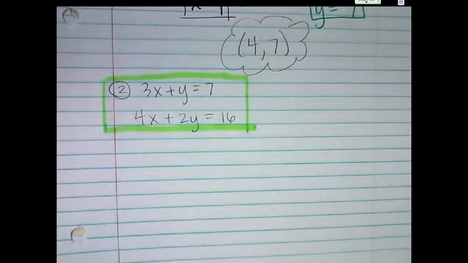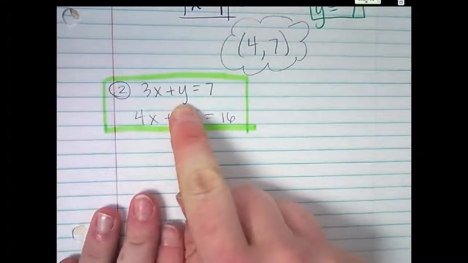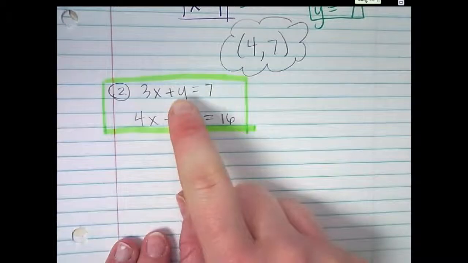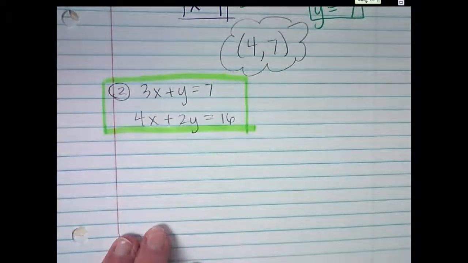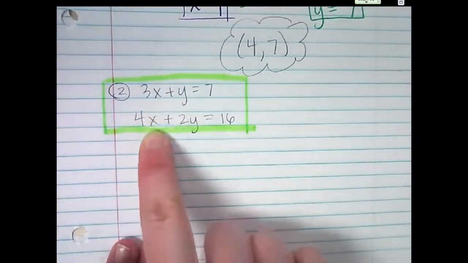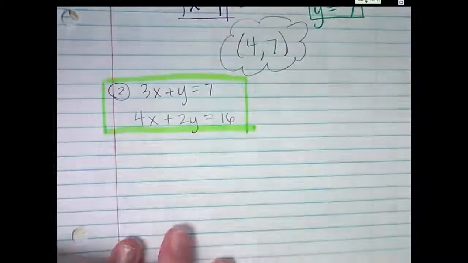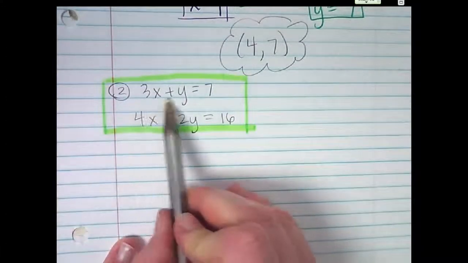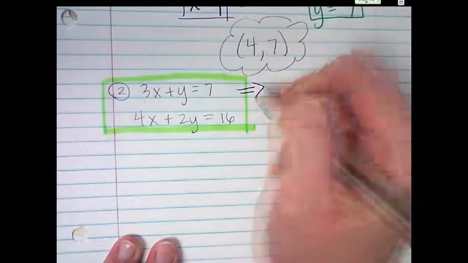You can pick the x or the y. The easiest to pick though is if you already have, like this y is already a positive 1y, so I want to get that y by itself. You could pick the x, you could pick the second x, or the second y, it doesn't matter. I'm going to pick this first one because I can't do any substituting until I have a variable by itself.